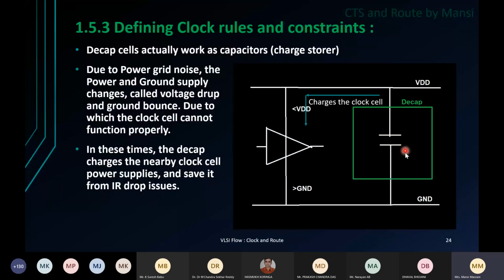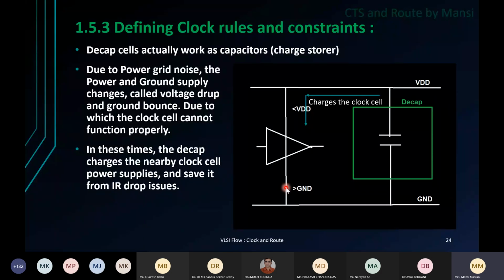Now, in case something happens to this clock buffer's power supply, let's say power grid noise came and the VDD fell down to some lower level and the ground had a ground bounce. The drop in VDD is called voltage droop, and the bounce you see over here is called ground bounce.